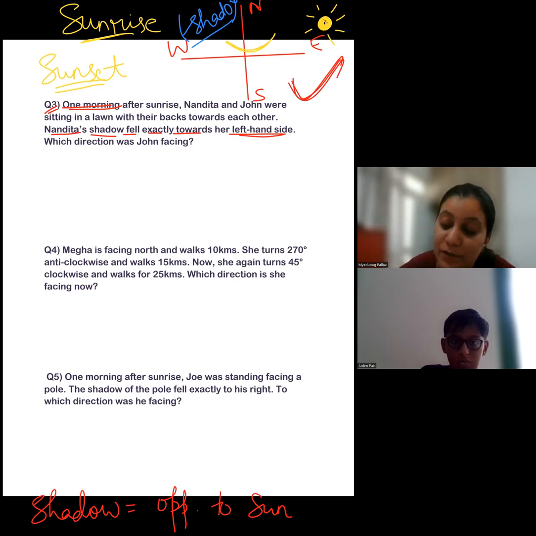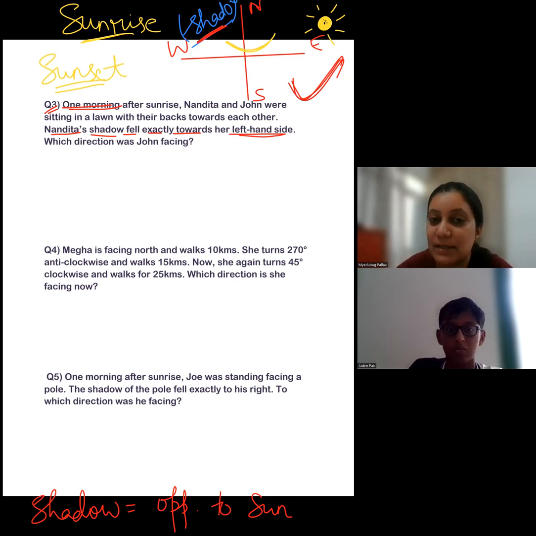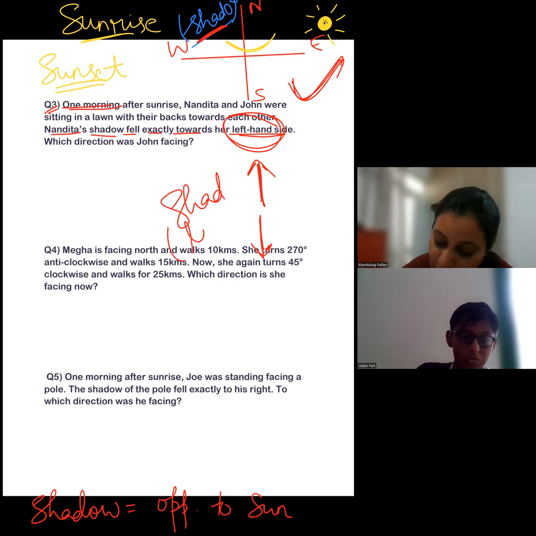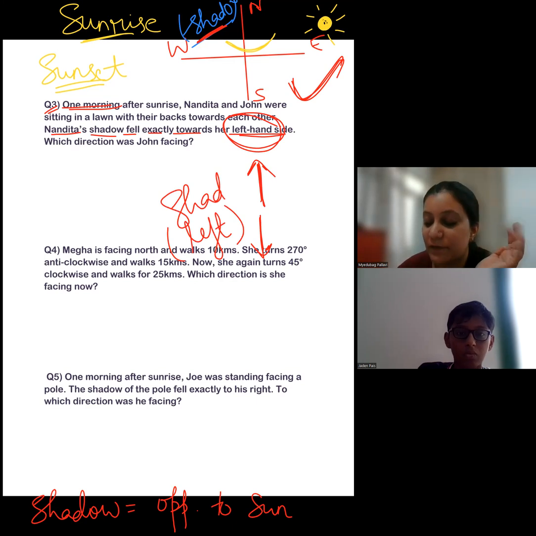So we know that shadow is formed in the west direction only. So that means this west direction is Nandita's left side. Okay, so Nandita must be facing north or south such that the shadow falls on her left. When will this be left side of Nandita? When she's facing north or south?